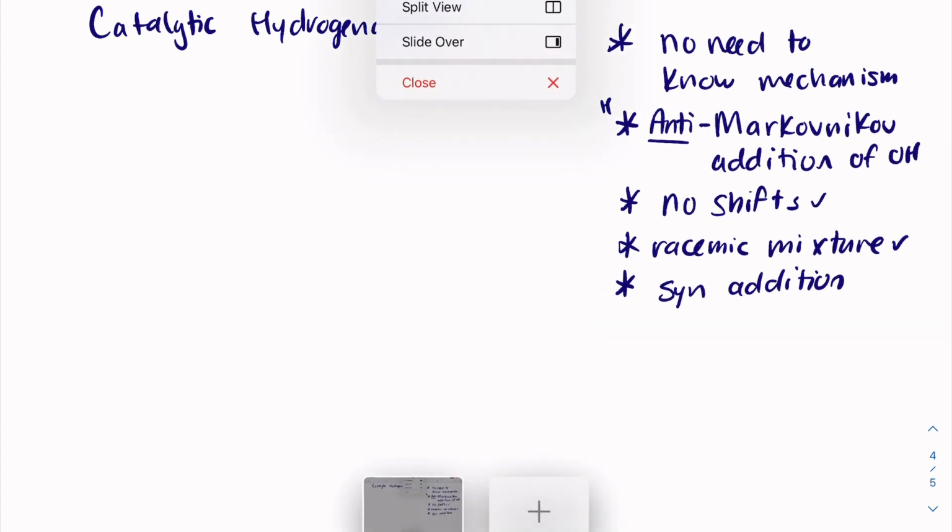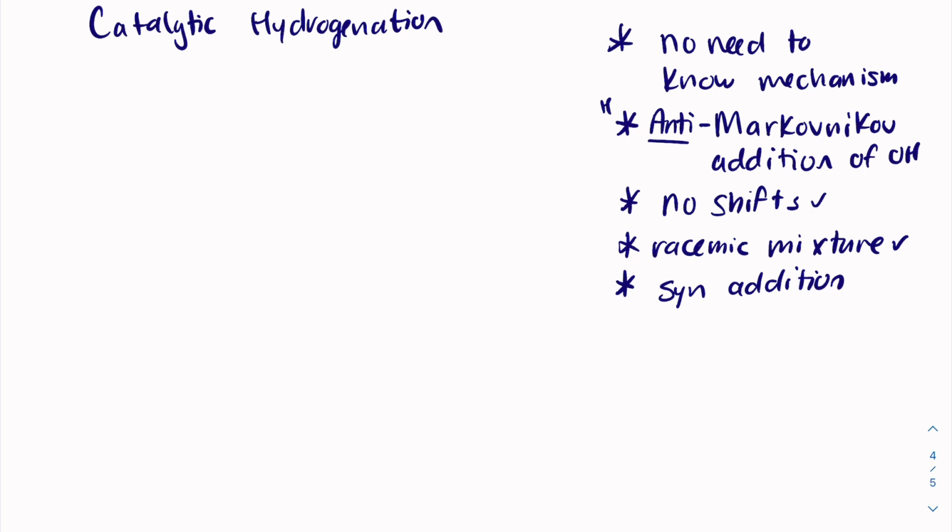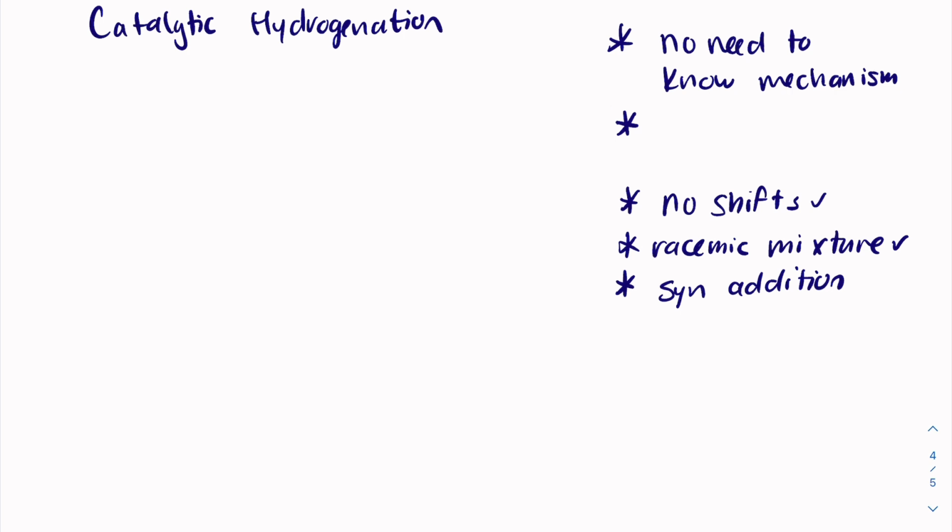This one, you don't need to worry about anti-Markovnikov because this one adds hydrogen at both carbons. So this is going to add H2 across a double bond. You don't need to worry about any shifts. It's going to be a racemic mixture, and you are going to get syn addition.